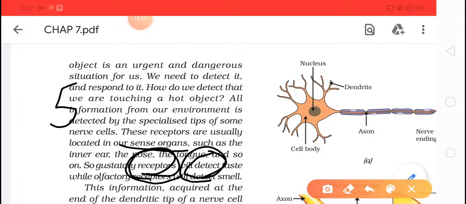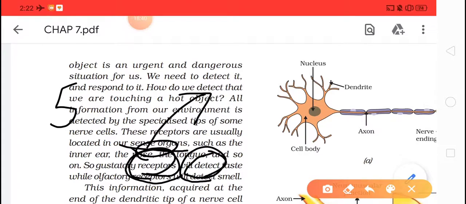So this information which is carried from your sense organs towards the brain is carried by a specialized type of cell called nerve cells. Understood? Again I'll explain.